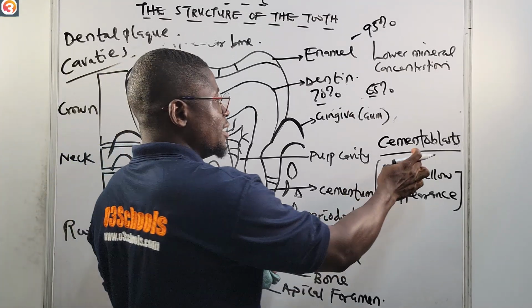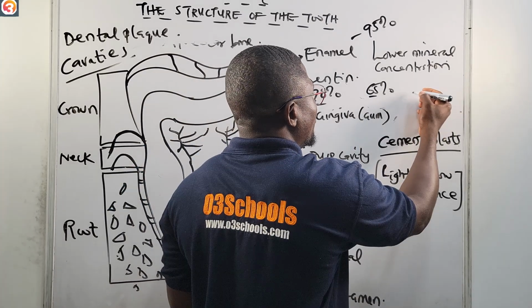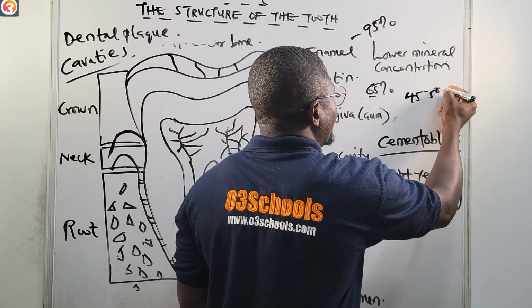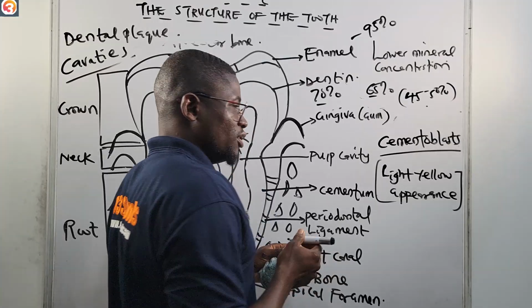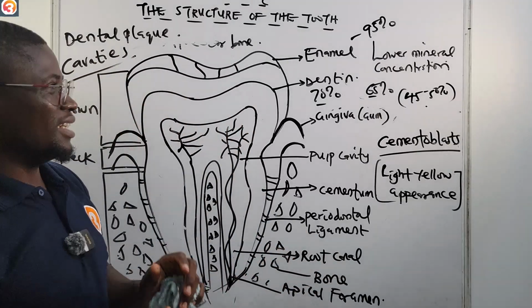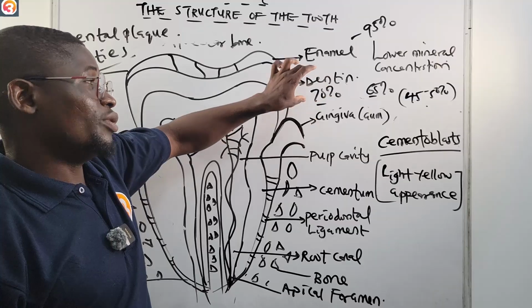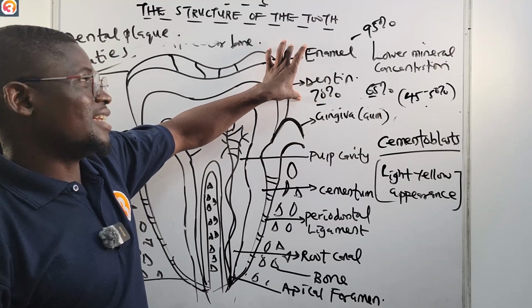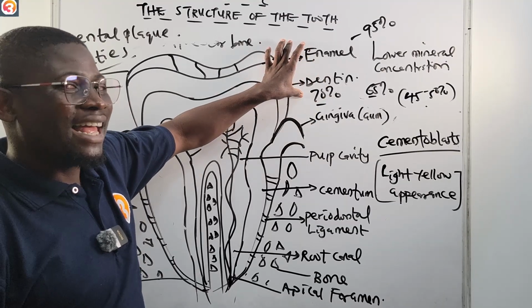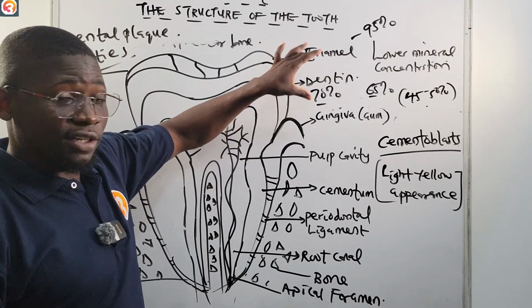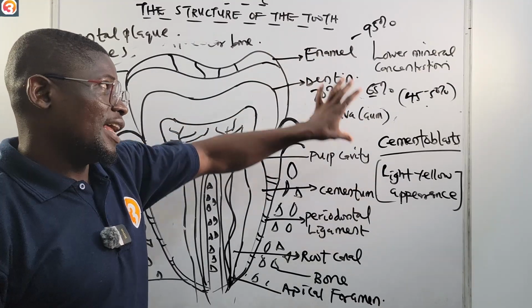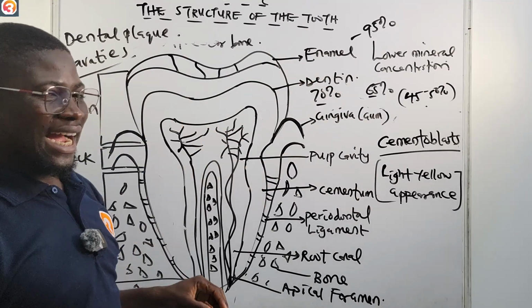Then of course the cementum is made up of about 45 to 50% mineral content. So the cementum is softer than both the dentin and the enamel, making it the softest among the three tissues.